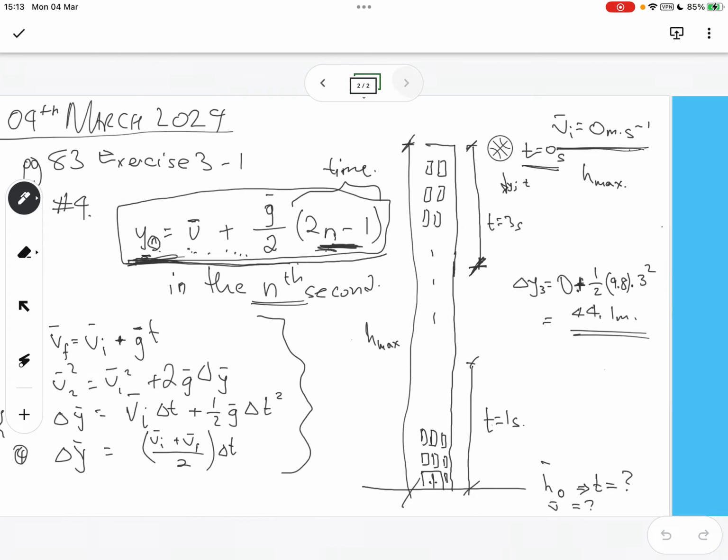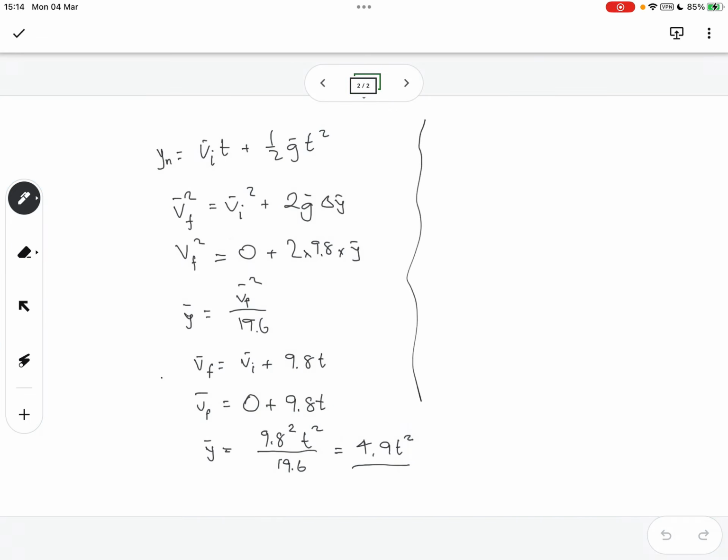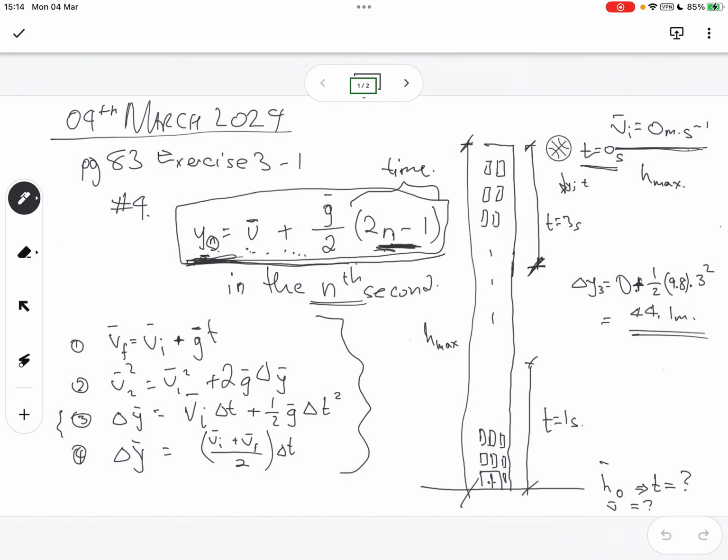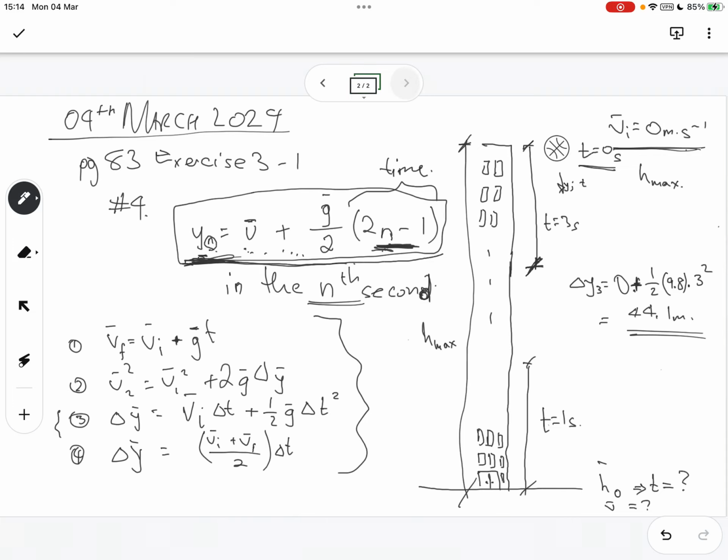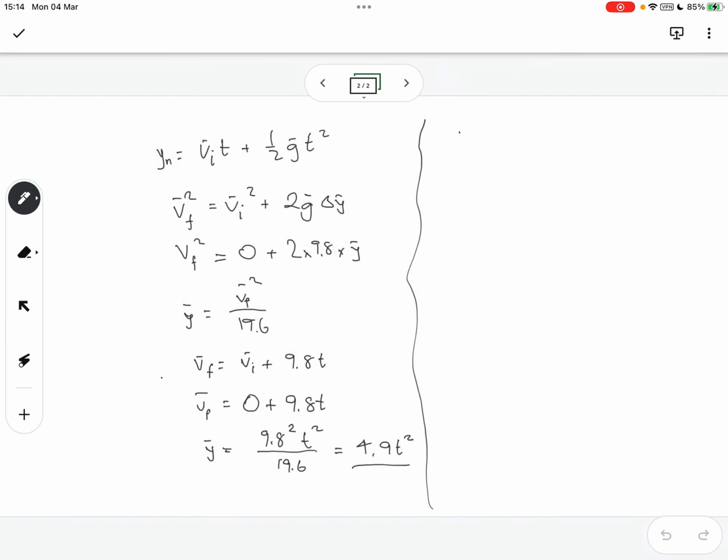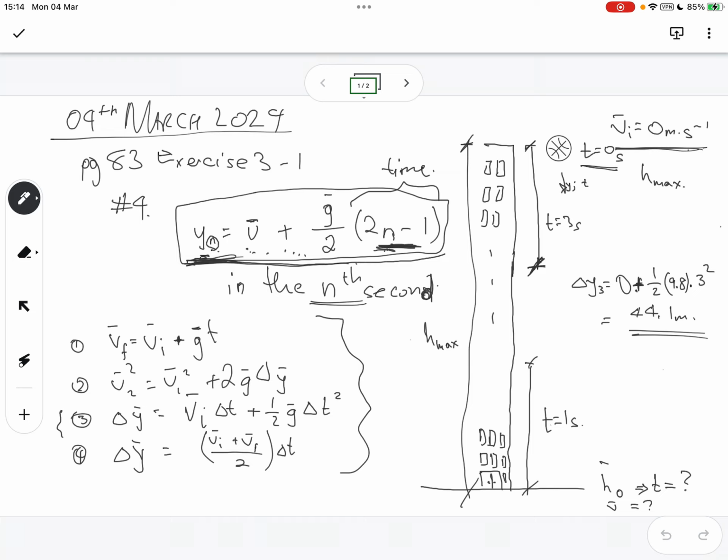This just gives me that on the previous page. What we also have here is 2n minus 1. So it's the last second.